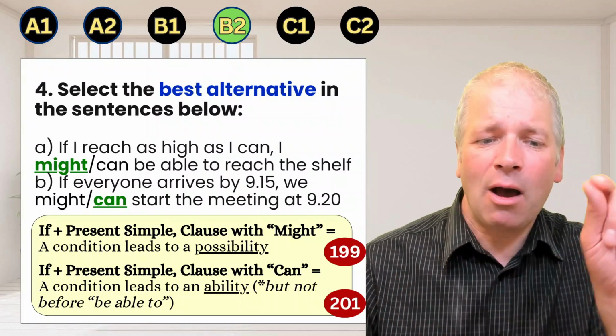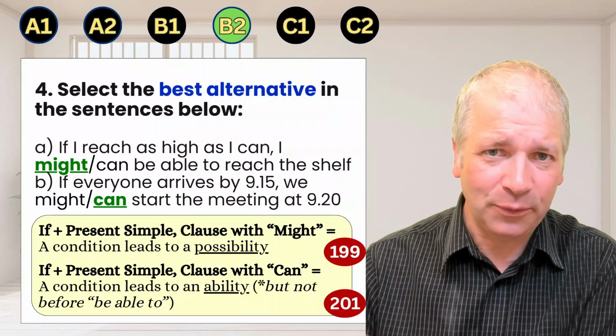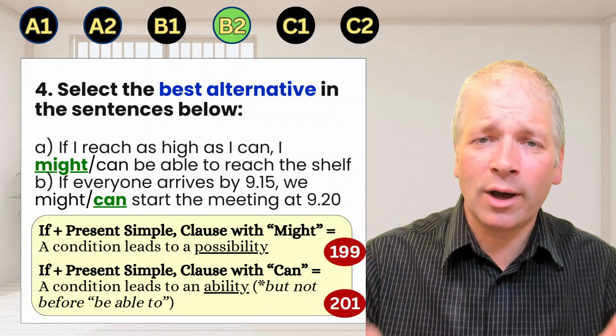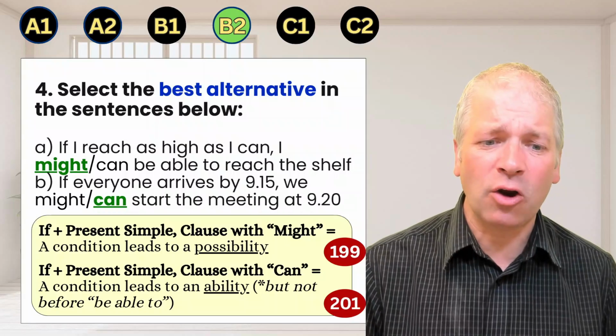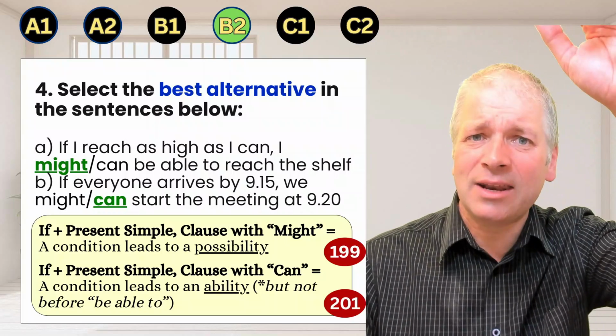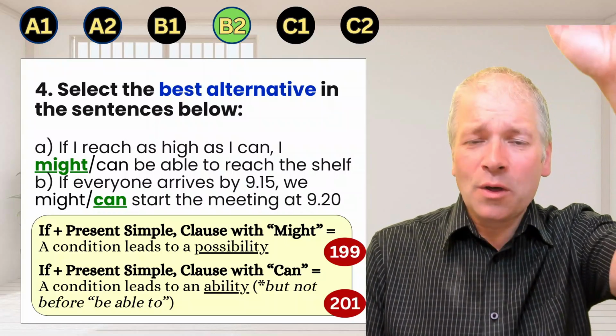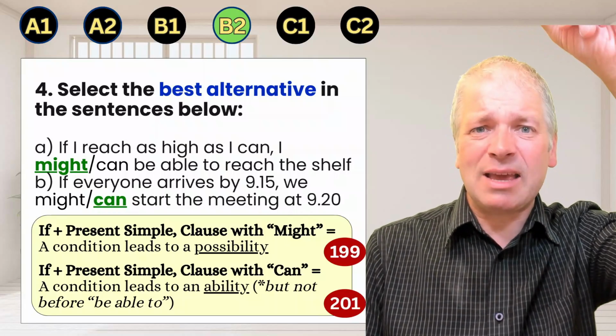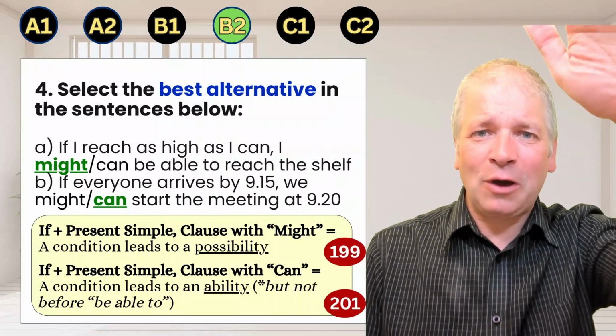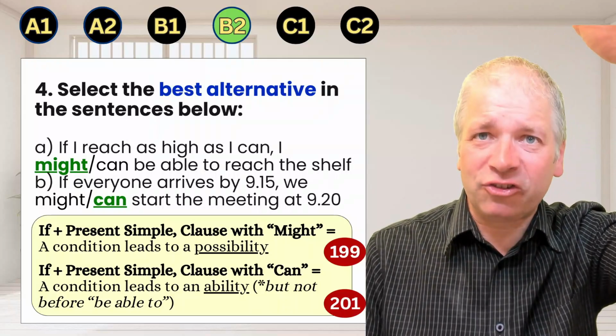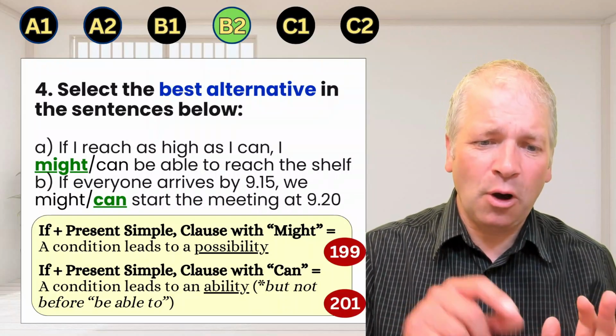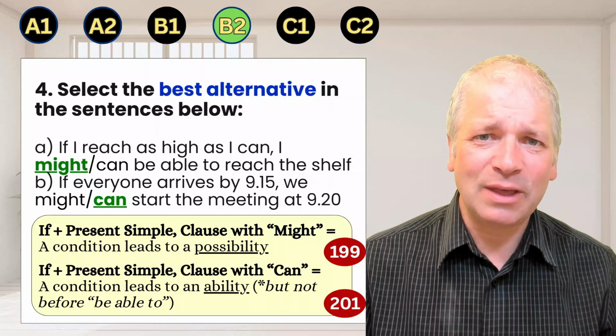We would simply say I can reach the shelf. So that wouldn't work here. Otherwise, it might have been correct. If I reach as high as I can, then if I know that my ability to reach is enough to reach the top shelf, then I could say I can reach the shelf. But because of be able to, we can't do it in this case.